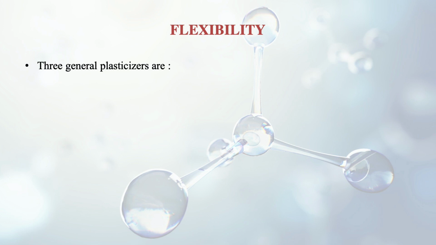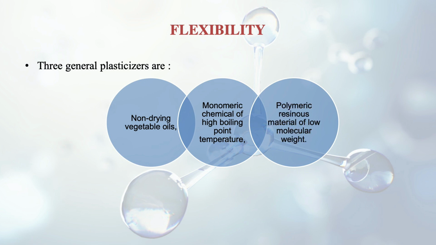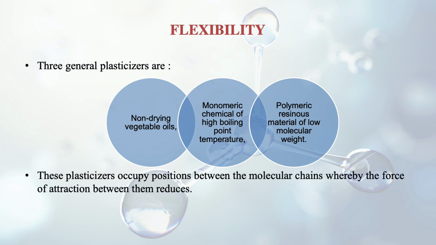And these general plasticizers are like the non-drying vegetable oils and monomeric chemicals of high boiling point temperature, or polymeric resinous material of low molecular weight. So these plasticizers, what they do, they occupy positions between the molecular chains. So there are chains and they will occupy the position between them. What will happen due to this? The force of attraction between the molecular chains of the polymers will reduce.